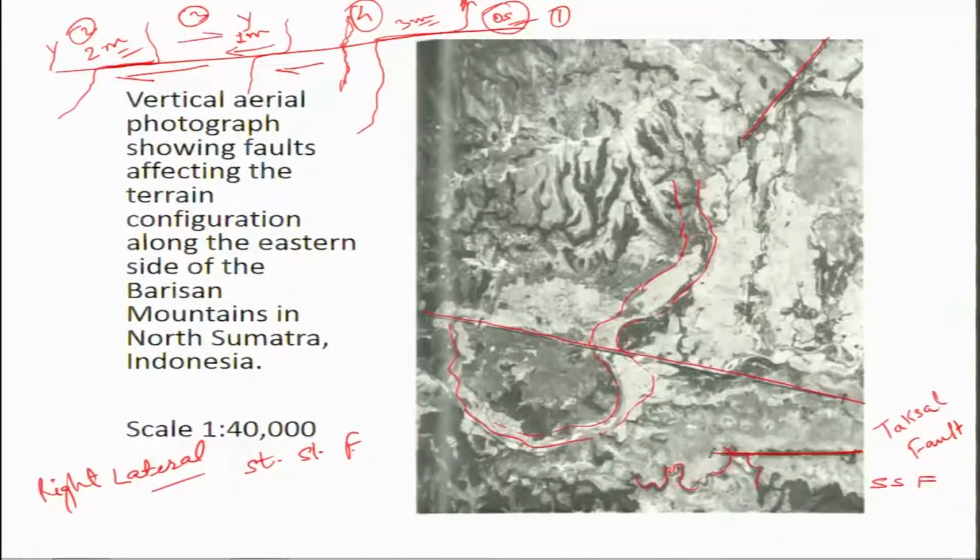Okay. In between here you will be able to look over some kind of fan like features which may be alluvial fans. So at the basic level of interpretation, you can at least judge that because these features are very close to this river, they might be related to an alluvial terrain or alluvial plain.